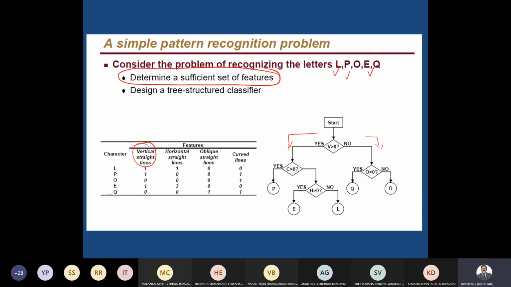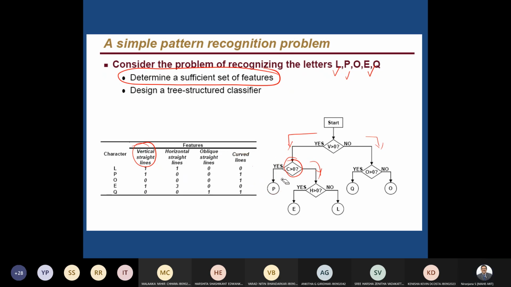However, when you go to the branching on the left, once again the next rule will try to separate among L, P, E, which are the characters that come to the left or right. Is there a curve here? L does not have one, P has, E does not have. So L and E are made a group here because of the branching.